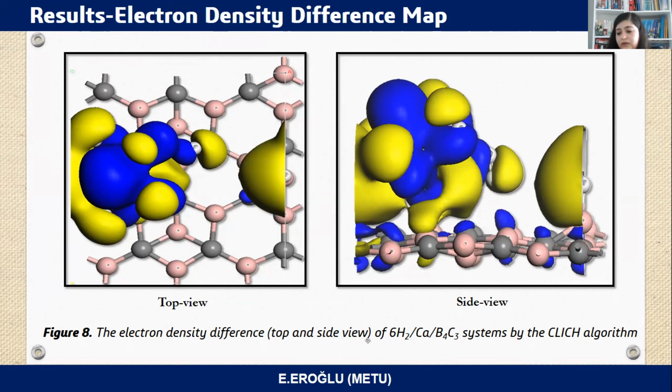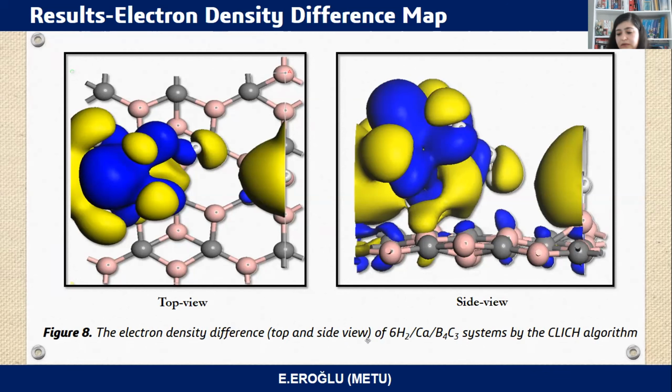Herein, the yellow regions represent electron deficiency, I mean the positive charge density, and blue regions represent electron excess, meaning negative charge density. The ionic interactions and the charge transfers between the hydrogen molecules, the layer and the calcium atom are clearly seen in figure 8 due to the electron deficient region and the electron excess region.